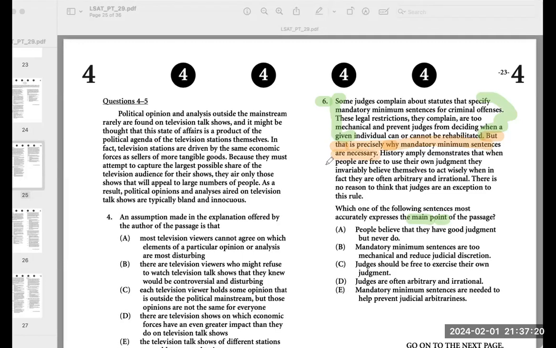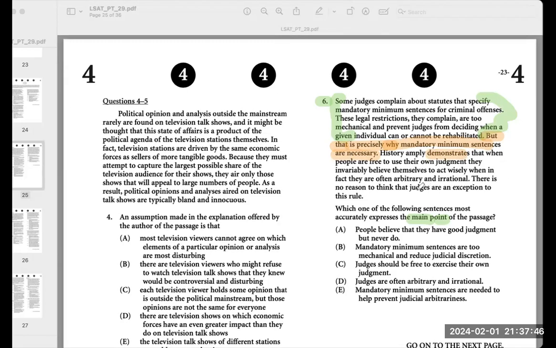So what do they say? They say history amply demonstrates. So demonstrates is an indication that they're using this as evidence, like they're using it to show us their point. So history amply demonstrates that when people are free to use their own judgment, they invariably believe themselves to act wisely when in fact they're often arbitrary and irrational.